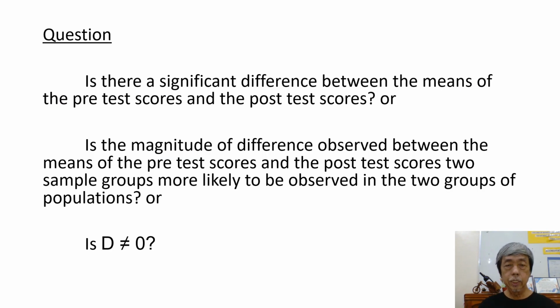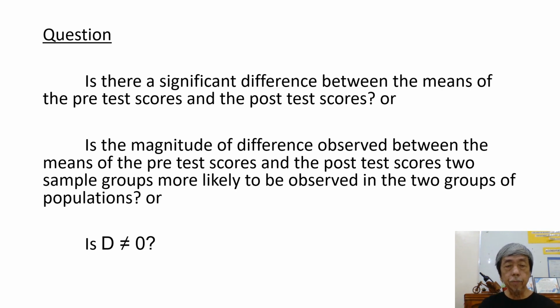Question. Is there a significant difference between the means of the pretest scores and the post-test scores? Or is the magnitude of difference observed between the means of the pretest scores and the post-test scores of the two sample groups more likely to be observed in the two groups of populations?